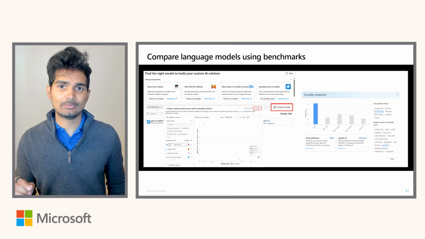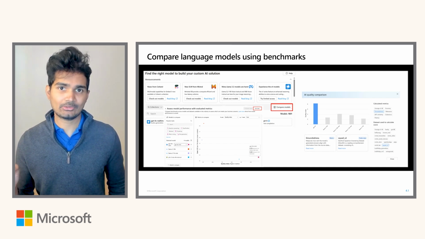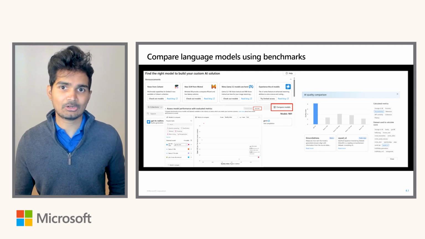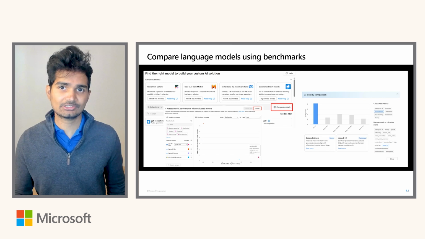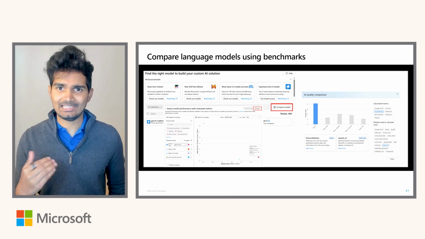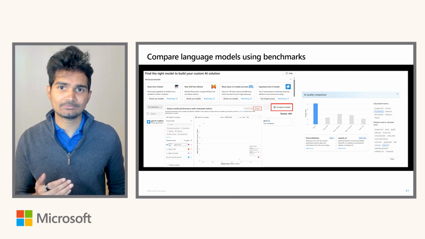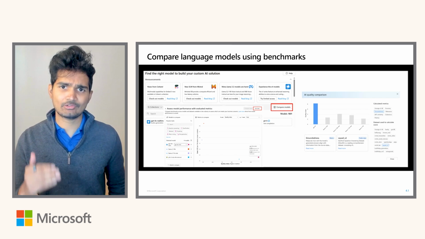Navigate to the AI Foundry model catalog and view the benchmarking results. Each benchmarked model includes detailed performance metrics such as accuracy, F1 score, and latency. Compare these metrics to understand the strengths and weaknesses of each model.